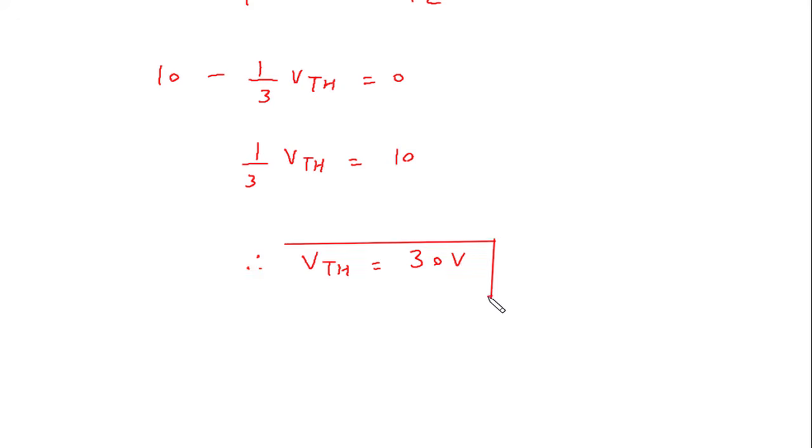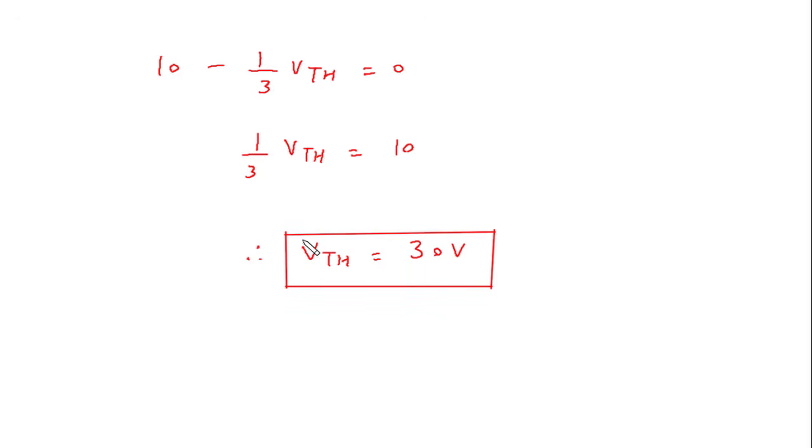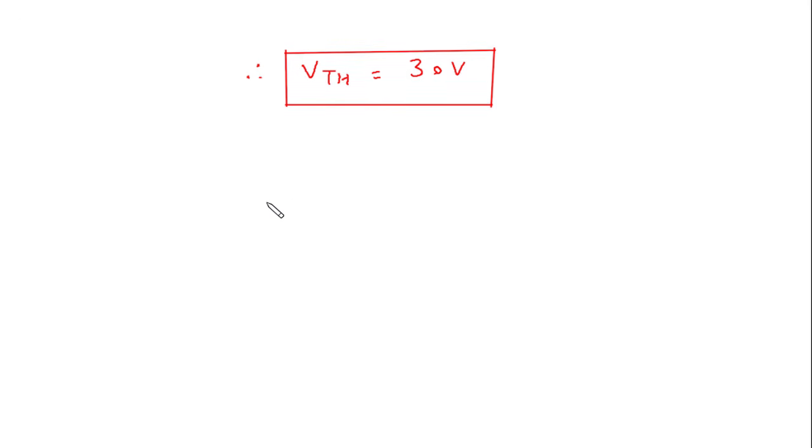So VTH is equal to 30 volt and RTH is equal to 4 ohm. Now we will draw the Thevenin equivalent circuit. So the Thevenin equivalent circuit will look like this. This will be positive, negative. This is RTH. This is VTH.